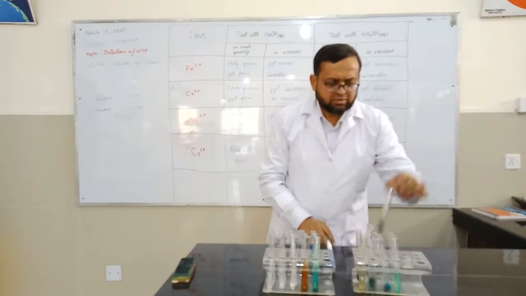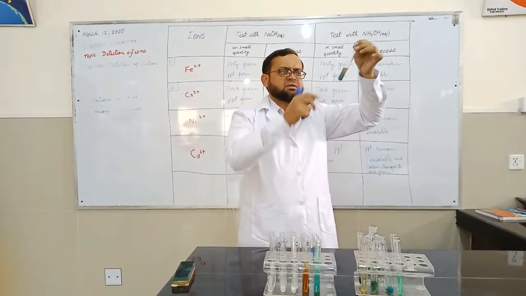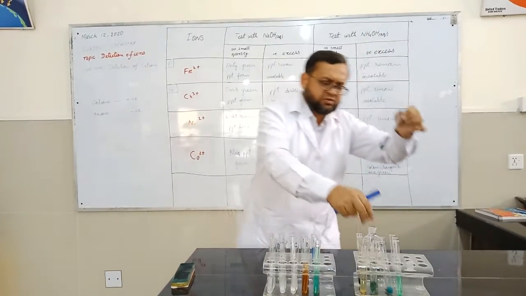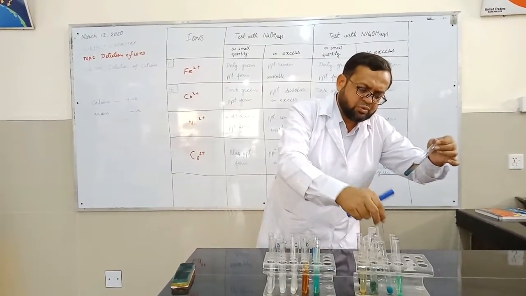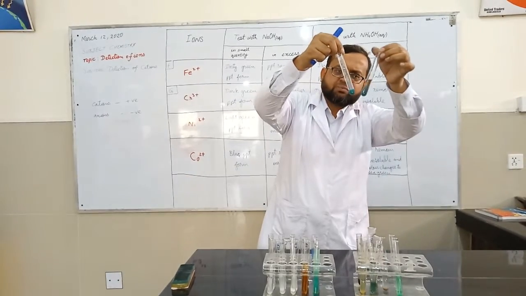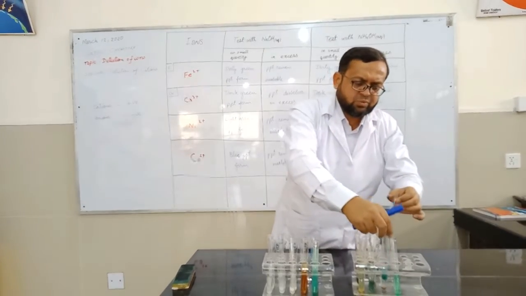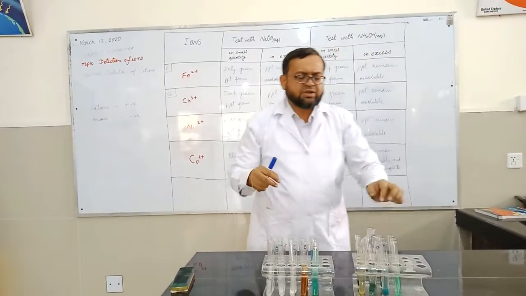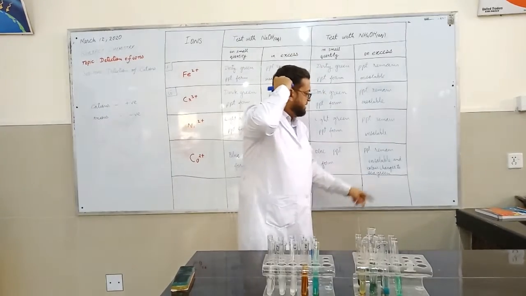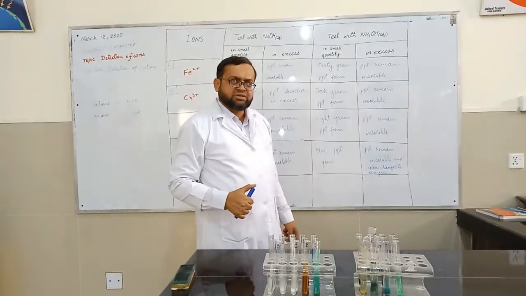See here, this is sea green color, and it is different from this blue color. You can compare these two colors. So in a small quantity it gives a blue precipitate, in large quantity the precipitate remains insoluble but the color changes from blue to sea green.